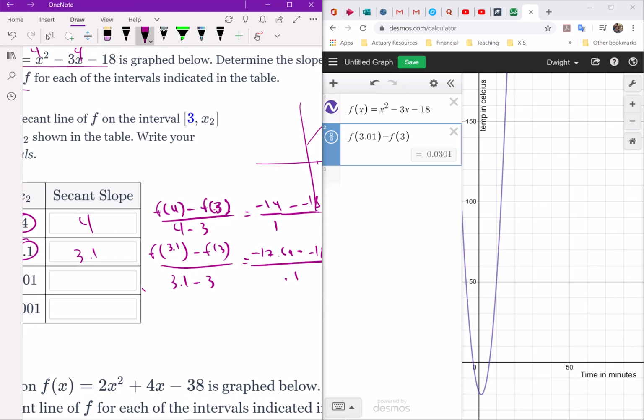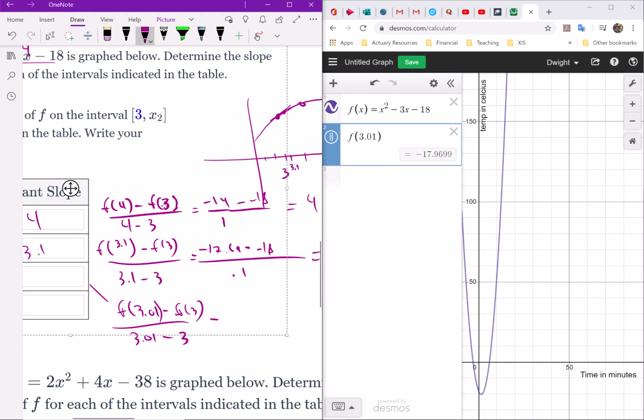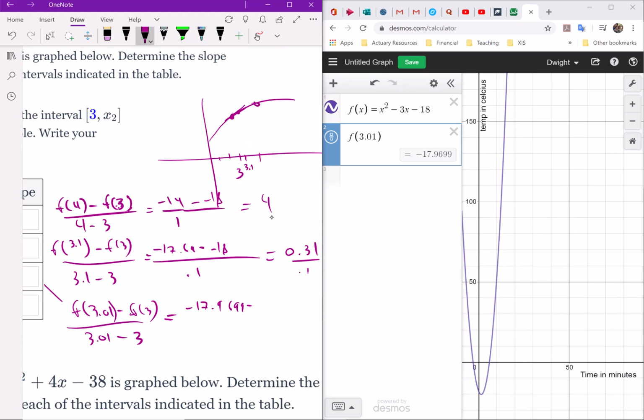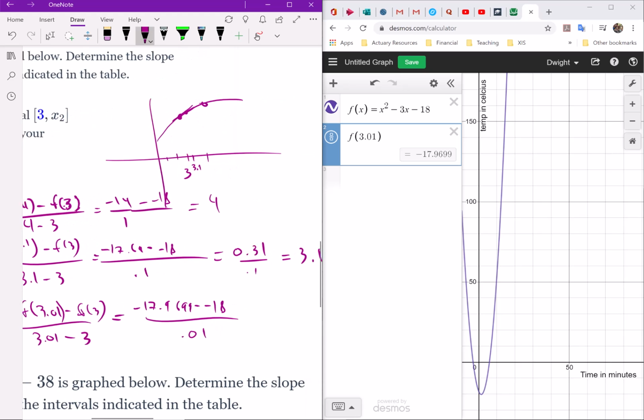So then let me actually do this one. It's going to be f of 3.01 minus f of 3 over 3.01 minus 3. So if we do f of 3.01, we get negative 17.9699 minus negative 18, all over 0.01, right?